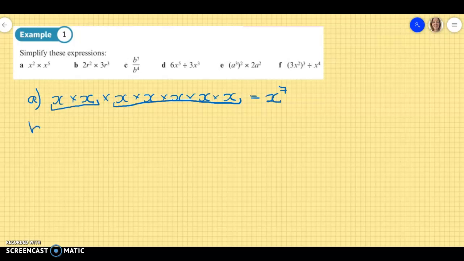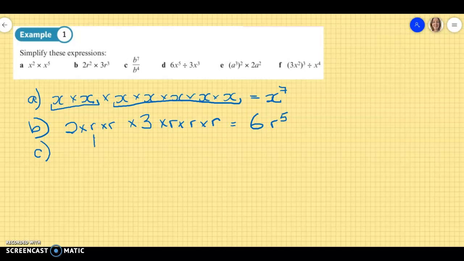So you have added those indices. This one, what you've got there is 2 times r times r times 3 times r times r times r, which actually gives you 2 times 3 is 6, and then you've got r to the 5. So you treat the numbers separately. 2 times 3 is 6, r squared times r cubed. From that previous rule, you add them.